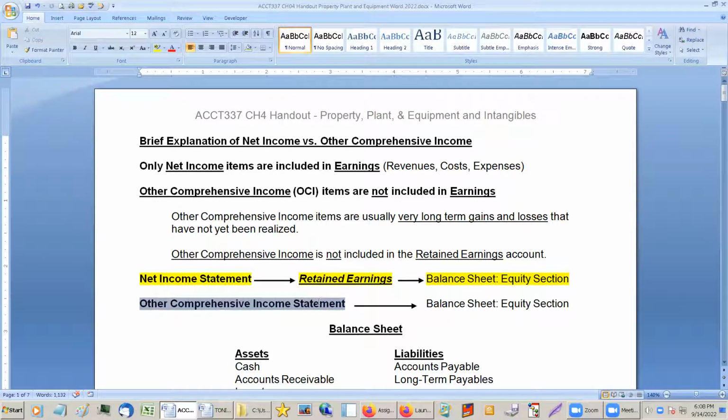Now, comprehensive income, let's make it a different color, green, does not go through the income statement. It goes directly to the equity section. So there is no intermediary retained earnings thing here.